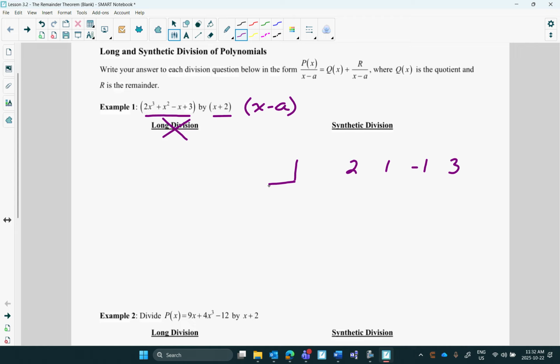What is this number a? Remember, this has to be in subtraction form. It's -2, because it's the same as x minus -2. So what I'm going to do is divide these. And actually, I didn't need to be so far away, but that's okay. So here's how we do it.